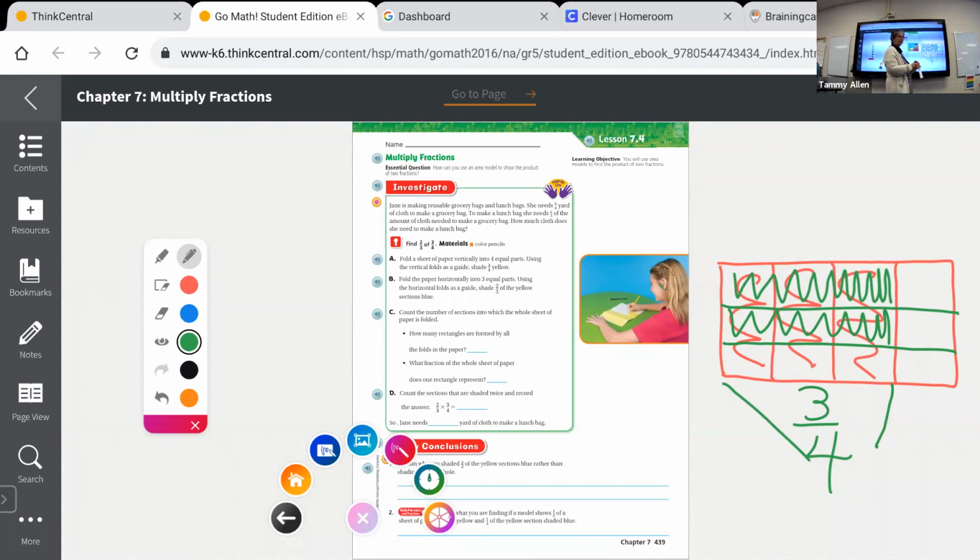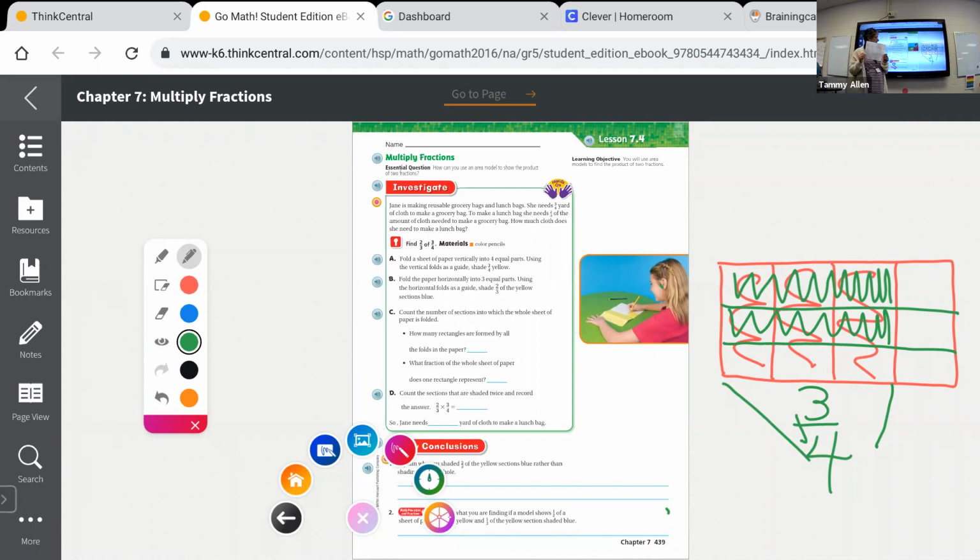But if I open it back up to its original piece, I got this amount of the entire rectangle shaded in. The reason I need my entire rectangle is because I need to know what size these really are. This is one piece out of how many in the rectangle?